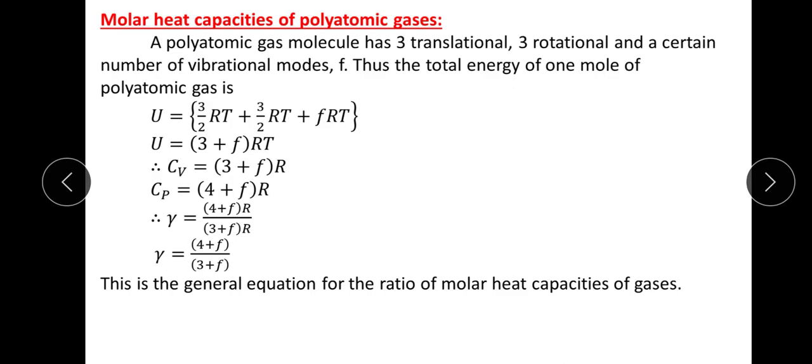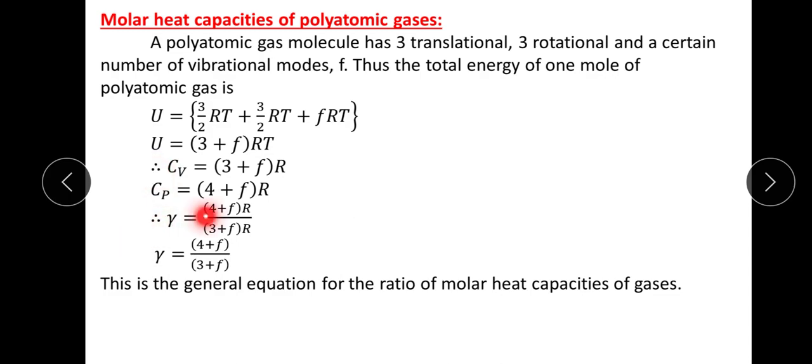Now if you take Cv is dU by dT, so if you do dU by dT for this, you will get 3 plus F into R. And Cp is R plus Cv, and if you substitute that, you will get 4 plus F into R. Then the ratio of Cp to Cv is called gamma for a polyatomic gas.